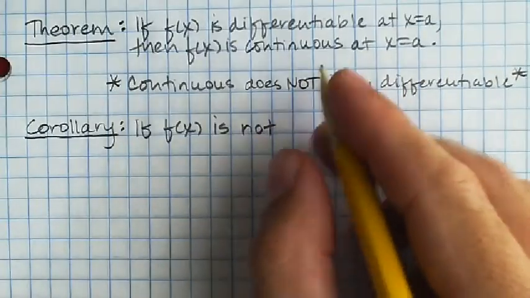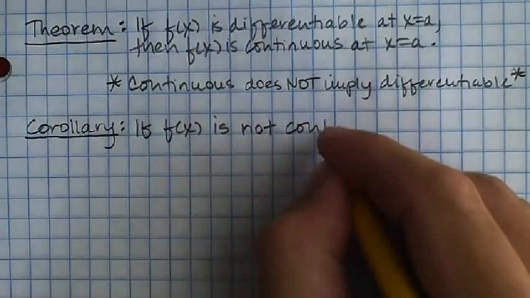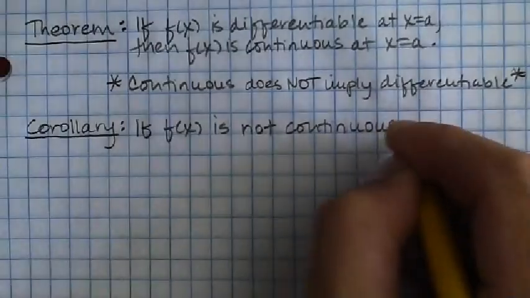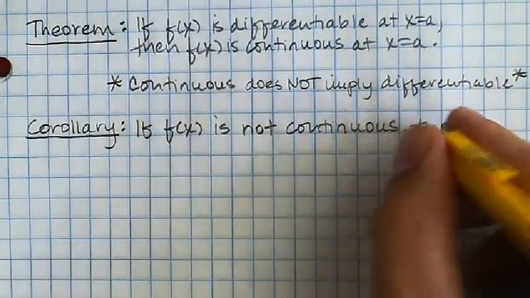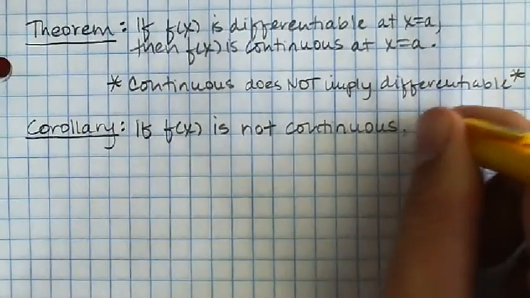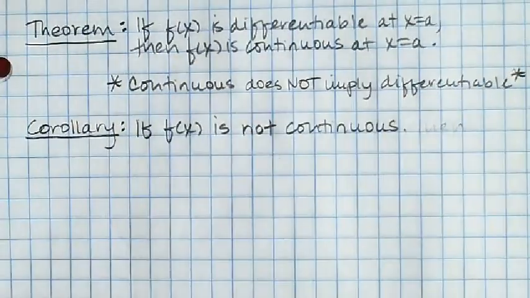If f of x is not continuous, I should have said at x equals a, because we mostly just defined continuity at a point.